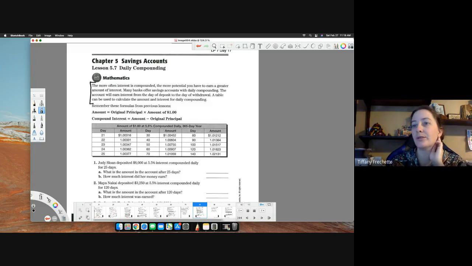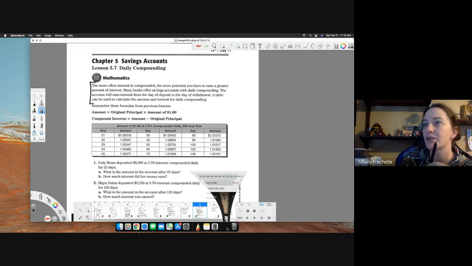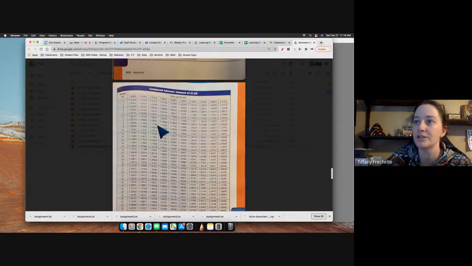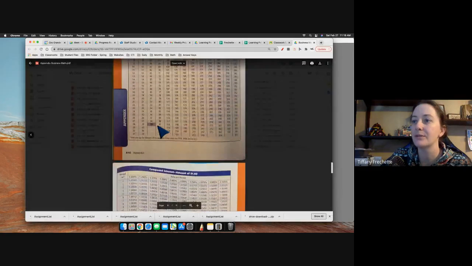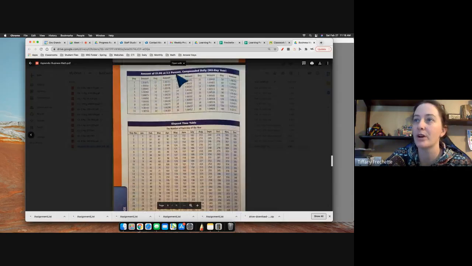All right, so this table is also, and I don't know if I still have it open, I do believe I do. I wanted to show you, this was from Section 6. We just did that a little bit ago. If we go back one page here, we have amount of $1 at 5.5% compounded daily, 365 days per year. So this is the table that they have there. But if you notice, it's got quite a few more options here.